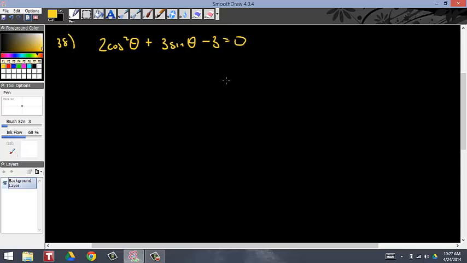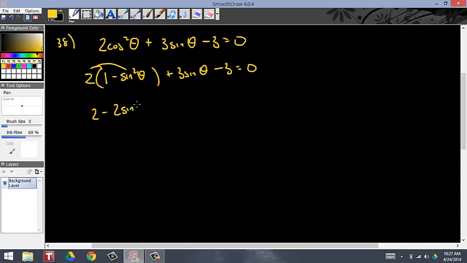Now, of the two, sine or cosine squared, which one do we have to convert? Cosine squared. What does cosine squared become? 1 minus sine squared. So now we distribute: 2 minus 2 sine squared theta plus 3 sine theta minus 3 equals 0.